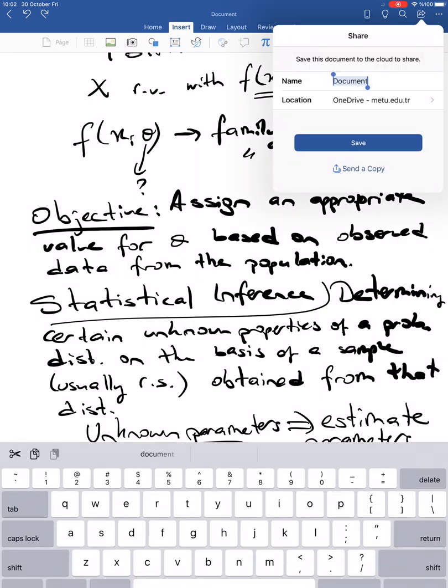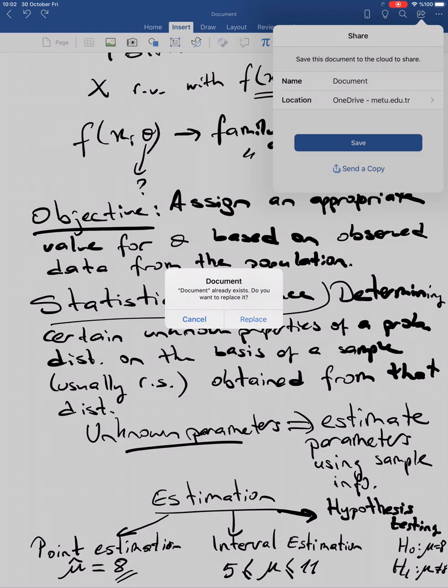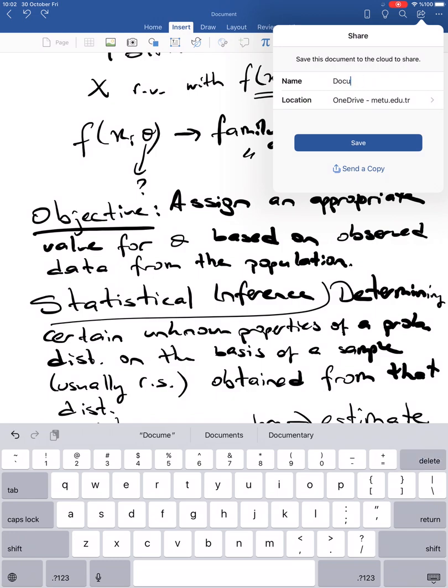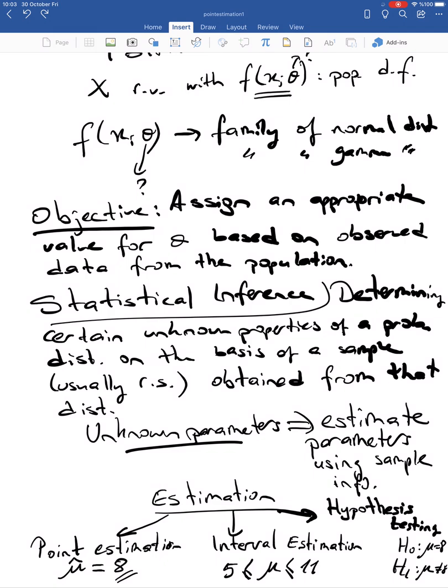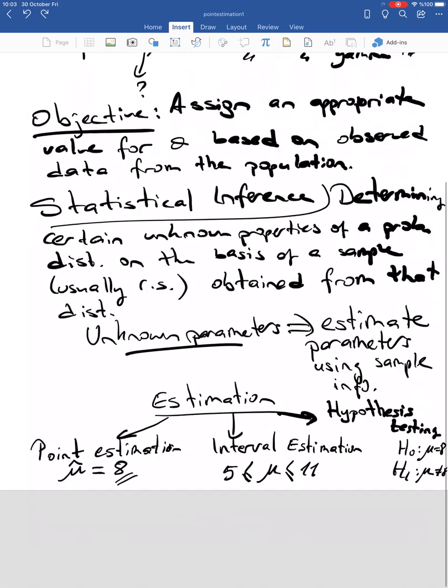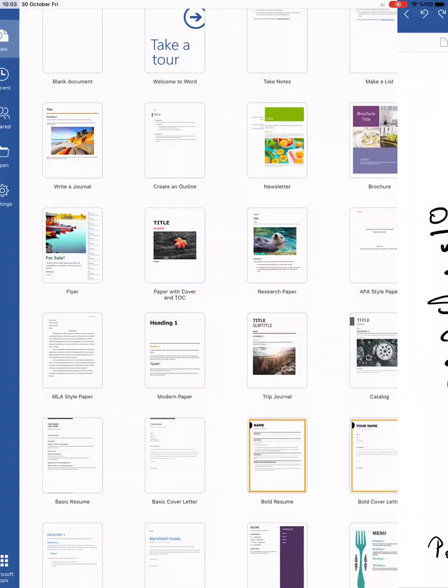Okay, so let me save this. Let me give this the name point estimation 1. I don't know how to get a new page. Okay, so let me get a new page.